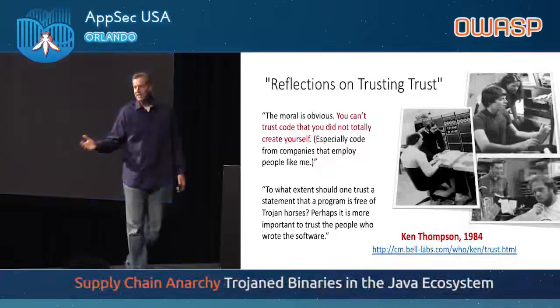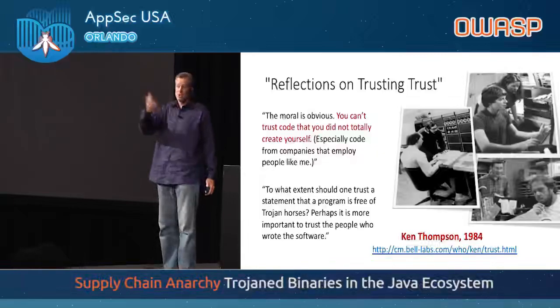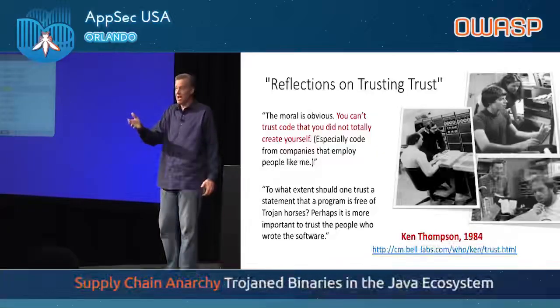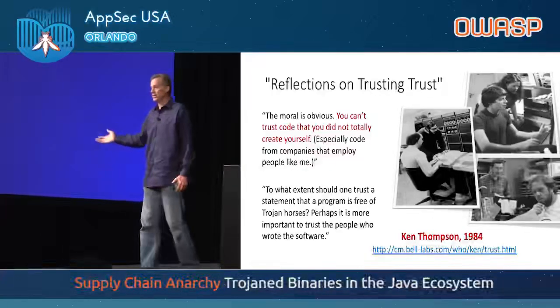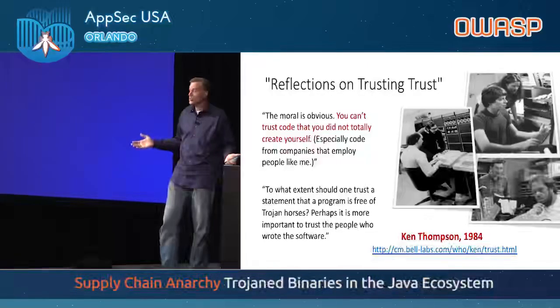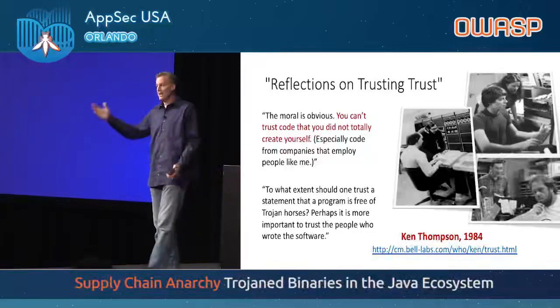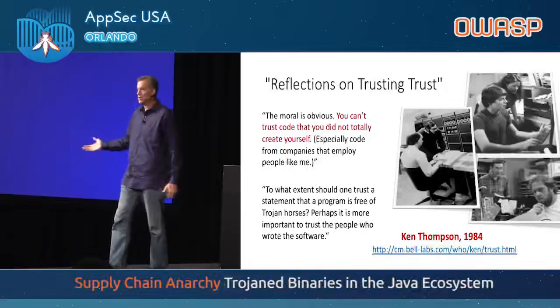And essentially, he tells a thought experiment about Trojaning a binary compiler that will automatically Trojan the login program in Unix. And so the levels of indirection here are that there's no source code with the problem in it anywhere, and yet future versions of the compiler and future versions of the login program, it automatically Trojan with this stuff.